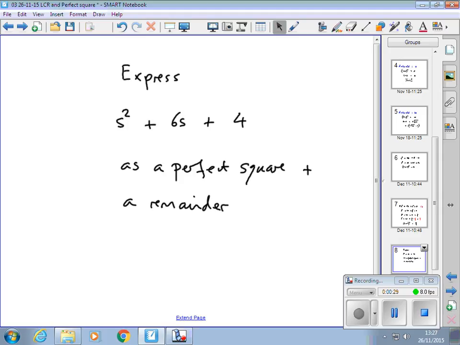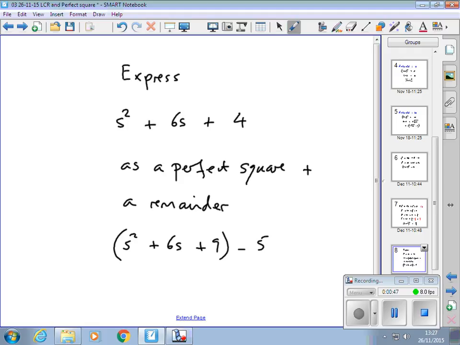Right. I need this to be s squared plus 6s plus 9. That's the perfect square, isn't it? But it should be plus 4, so I've got to take away 5.